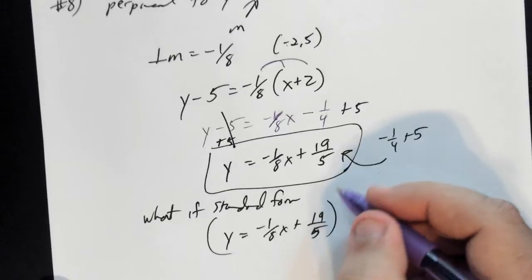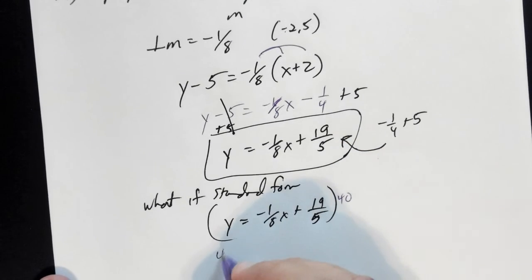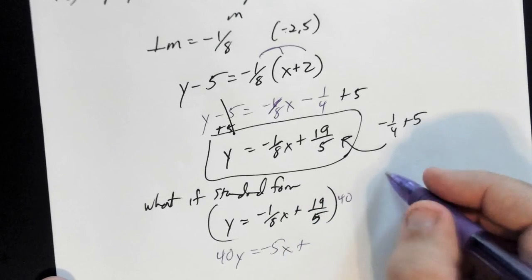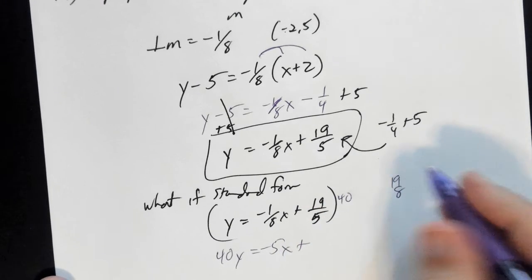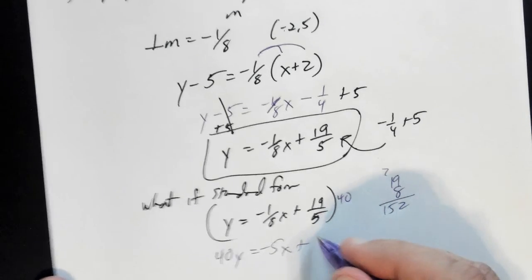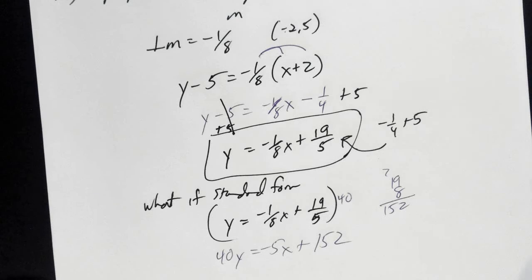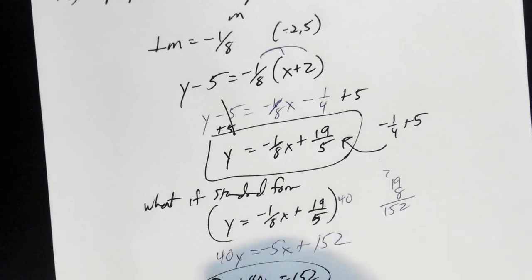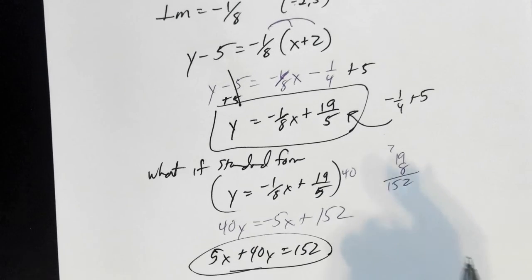So if I multiply everything by 40, this would be 40y is equal to negative 5x plus whatever 19 times 8 is. Ugh, 152. Why did I do this? Okay, and then move the x over, and this would be 5x plus 40y is equal to 152, and that would be the standard form of that same equation.